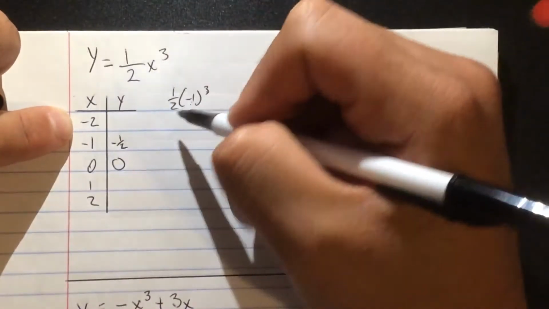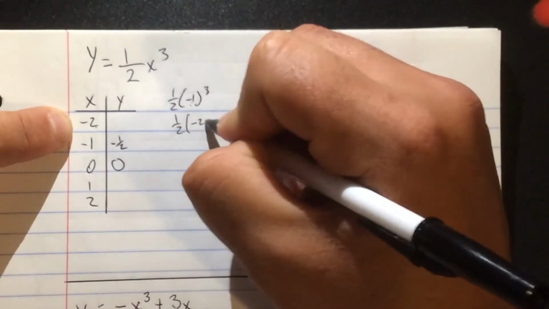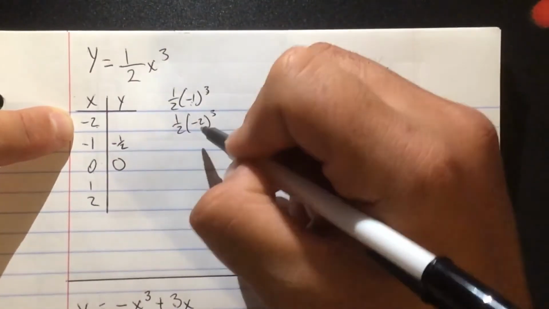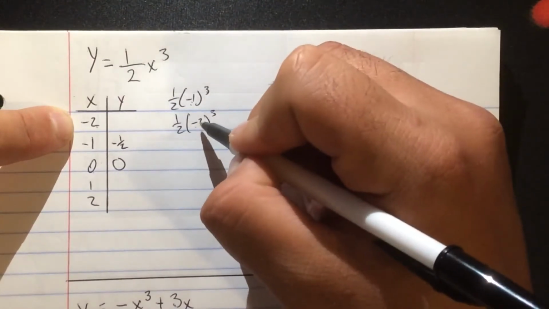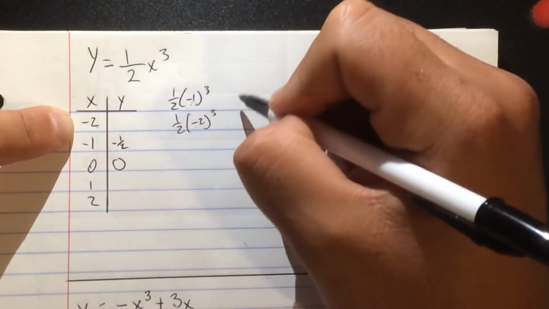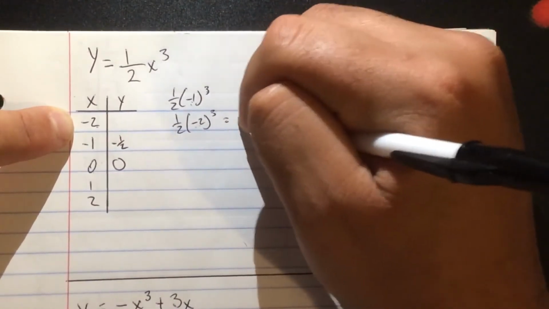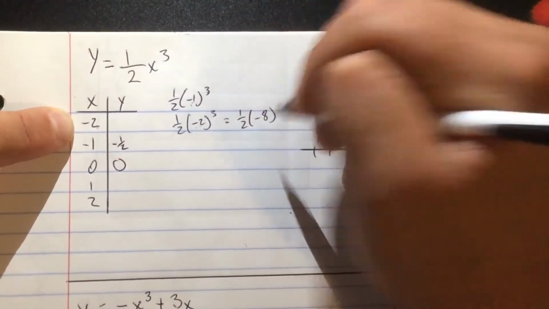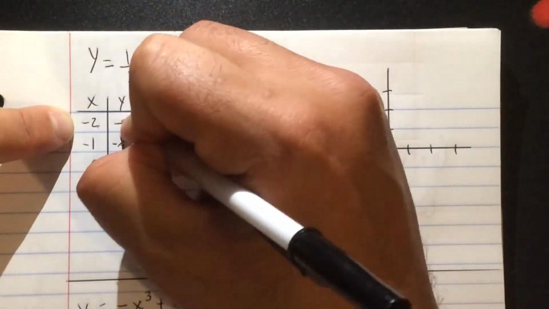The next one we would use would be -2, so it would be 1/2 times -2 cubed. Well, -2 cubed is -2 times -2, which is +4, times -2, which is -8. And this is equal to 1/2 times -8. Well, 1/2 of 8 is 4, so 1/2 of -8 is going to be -4.